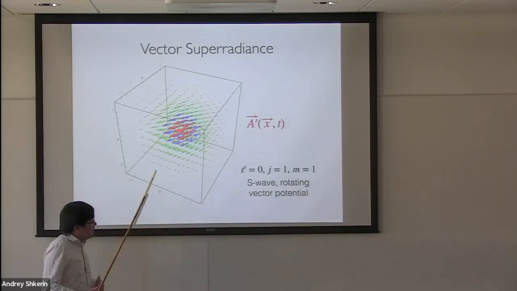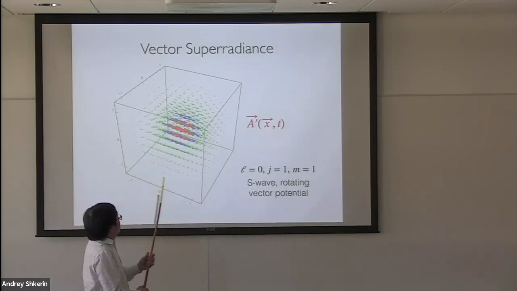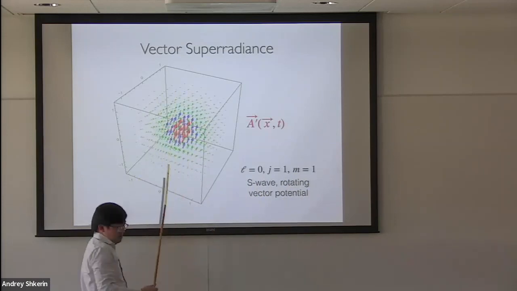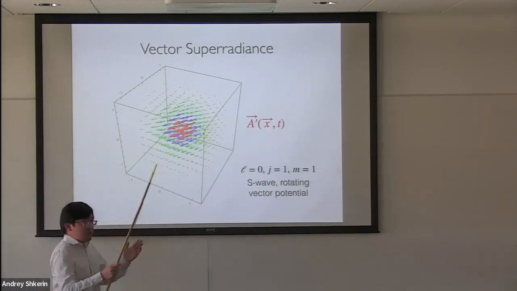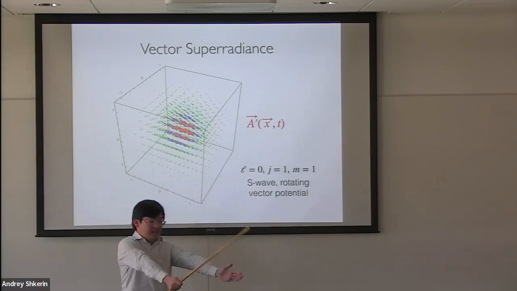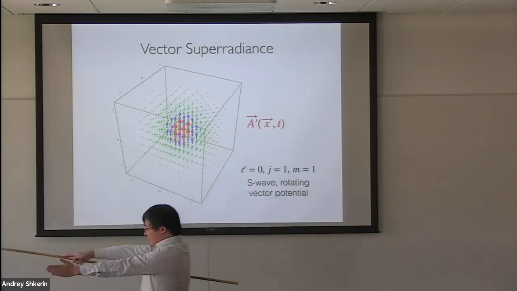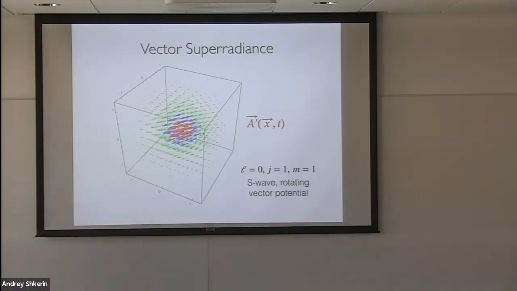So this mode is an S wave state, which is rotating around the spin direction of the black hole, which points in the B direction. At any time, the A vector field is always parallel to each other, pointing in a particular direction, and then as time goes on you are rotating along the spin direction. So this is the structure.